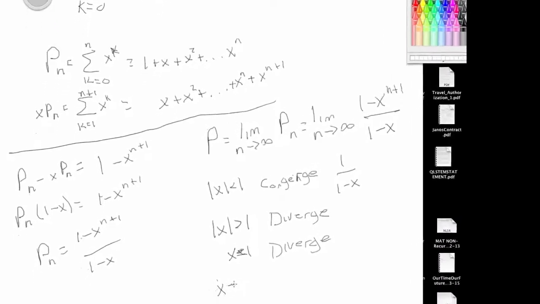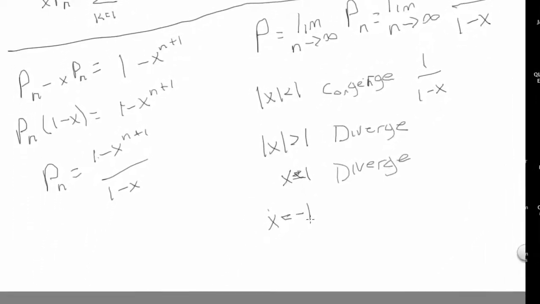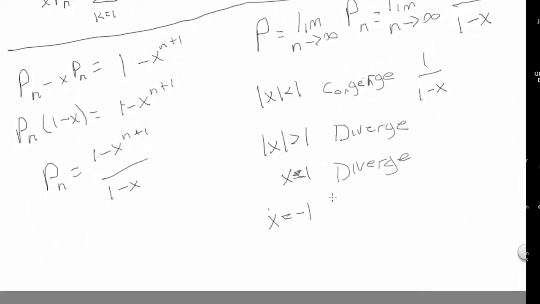If x is -1, okay, then what's going to happen? Well, we're going to add 1 minus 1 plus 1 minus 1 plus 1 minus 1. And in the long run, what's going to happen there?